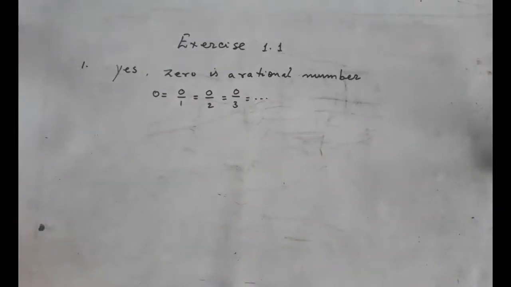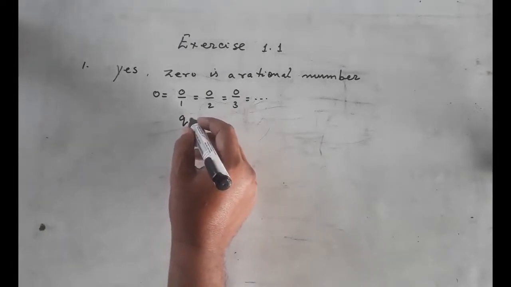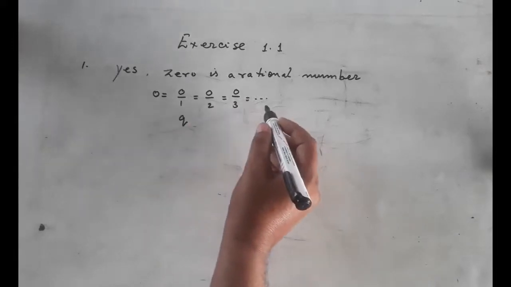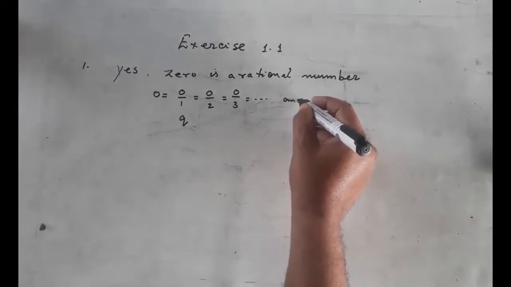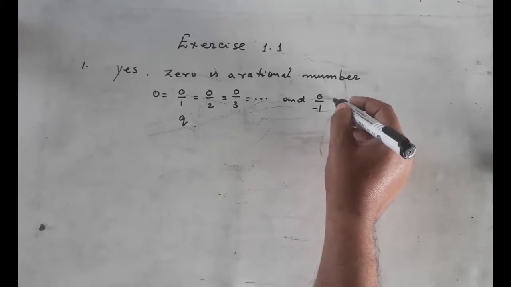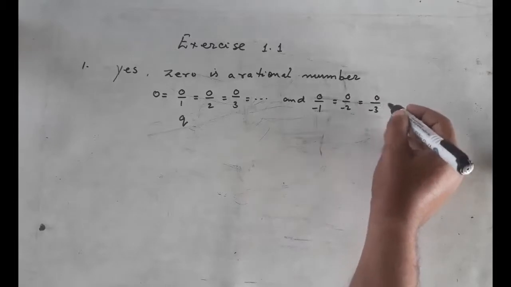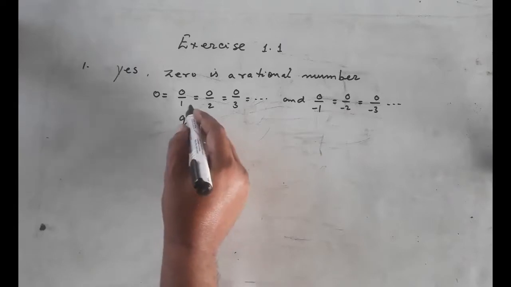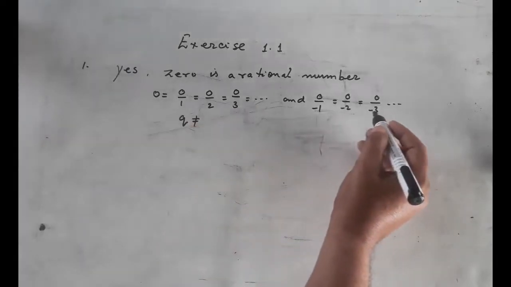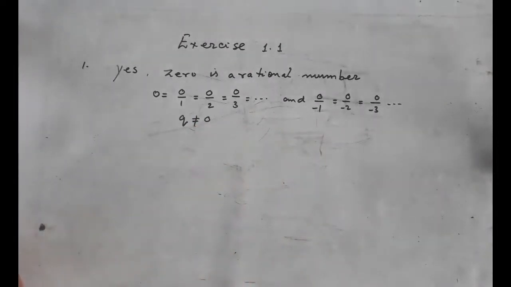Here you can take the denominator q as 1, 2, 3, 4, and also negative numbers too, such as 0 by -1 or 0 by -2 or 0 by -3 and so on. Here we can see that q, that is 1, 2, 3 or -1, -2, -3, is not equal to 0. Therefore we can say that 0 is a rational number.